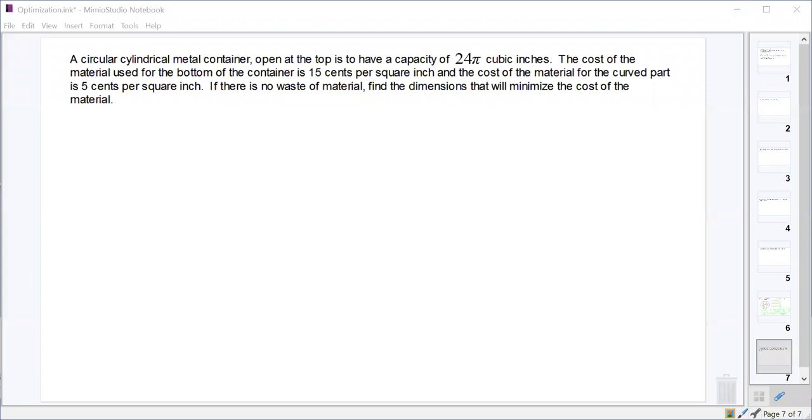So first off, this is all about cost, right? We want to minimize cost, so we need to figure out an equation for cost. So cost should be equal to 15 cents per square inch for the material for the bottom. So that'd be 15 times what? How much material do we use for the bottom of this cylinder?